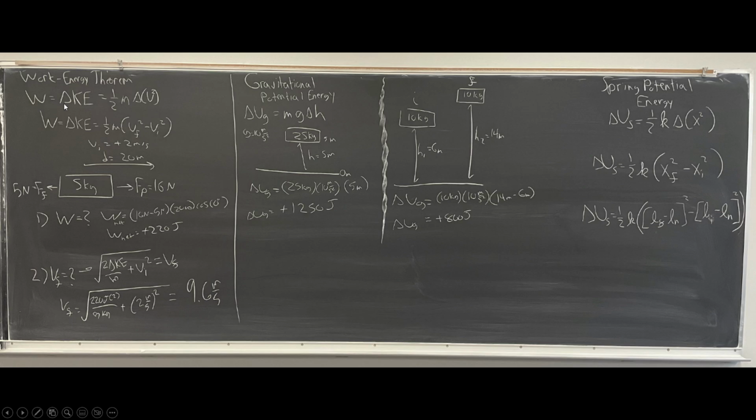Work is equal to the change in kinetic energy, delta KE, or some textbooks might have delta K. The change in kinetic energy is 1/2 times the mass, m, times the change in velocity squared, that's change, parenthesis, v squared, parenthesis.